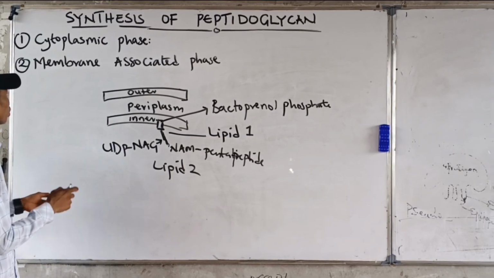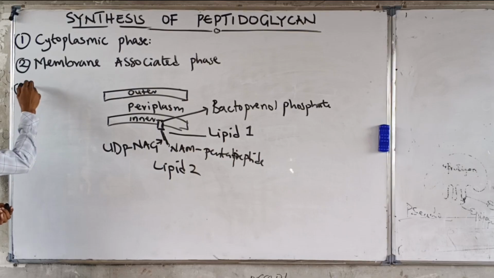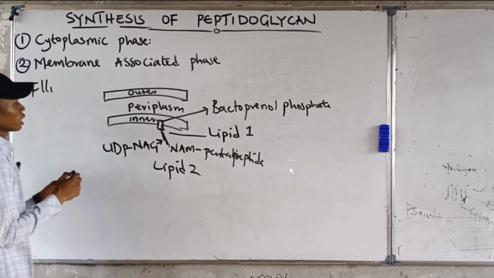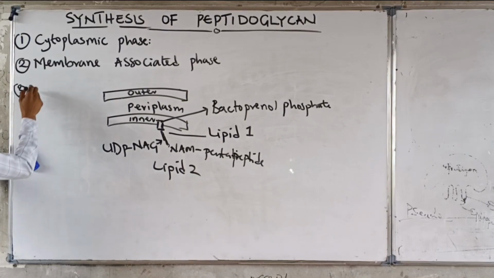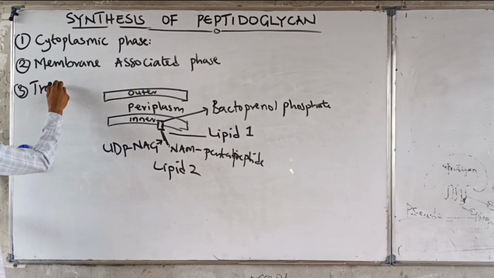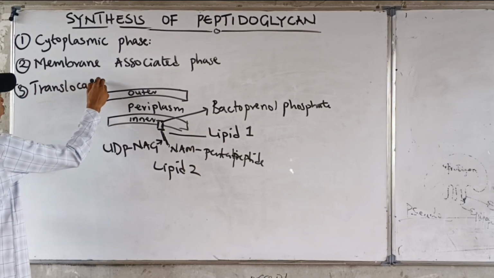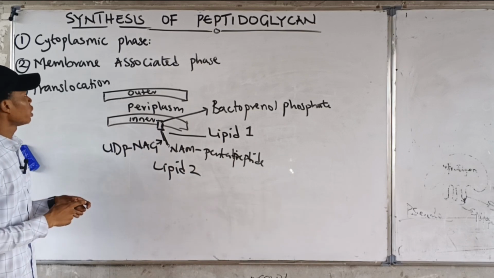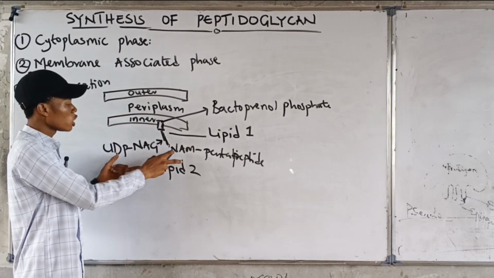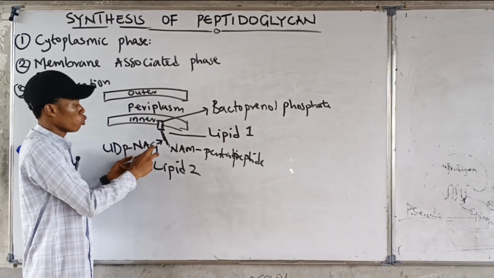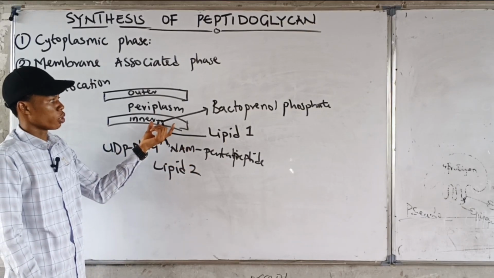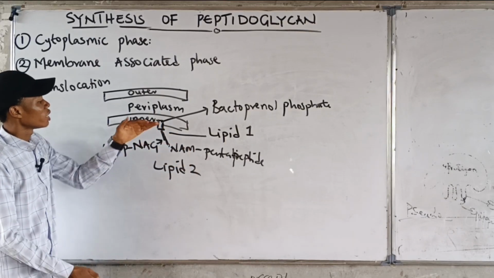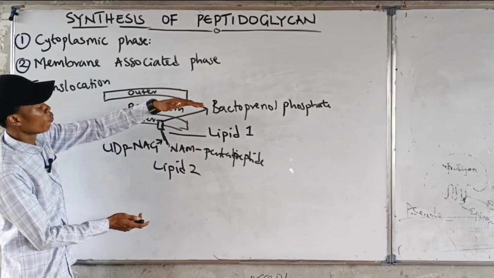The third step is actually flipping, or you call it translocation or transport. So let's call it translocation. Now remember that in the membrane associated phase, this N-acetylglucosamine and all these things have been attached to bactoprenol phosphate.